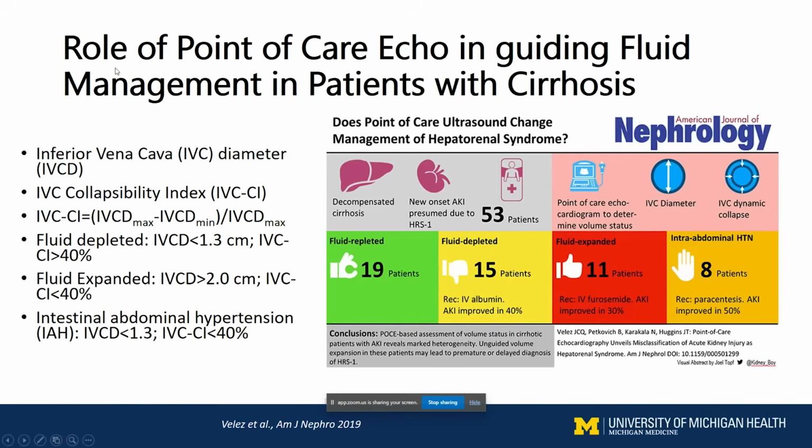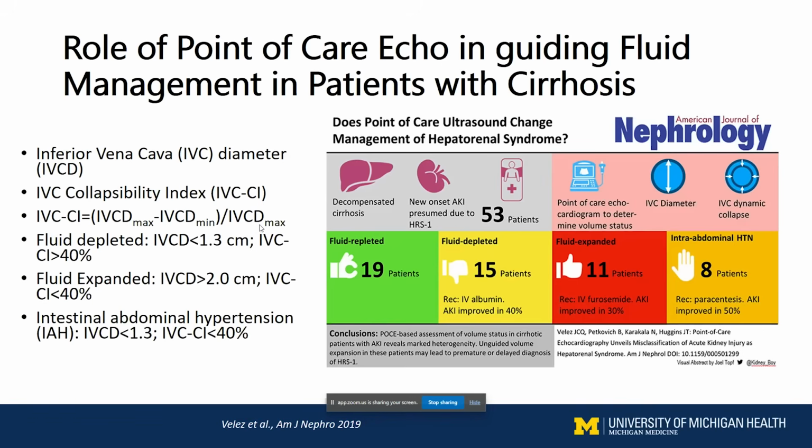Dr. Velez and their group looked at the inferior vena cava diameter and the IVC collapsibility index, which is IVC diameter maximum minus IVC diameter minimum, divided by IVC diameter maximum. This is the formula that they used.